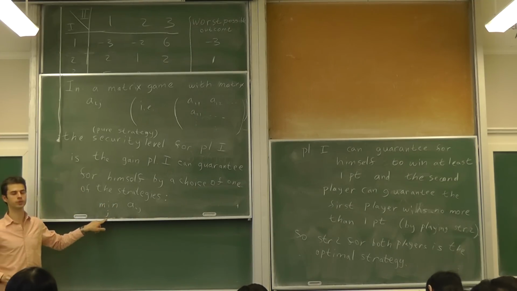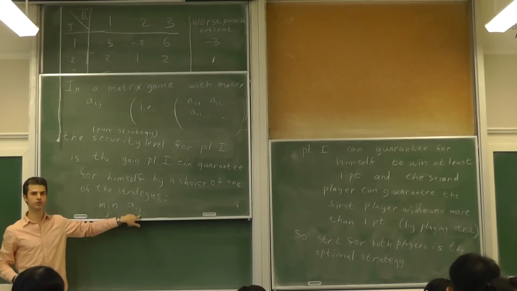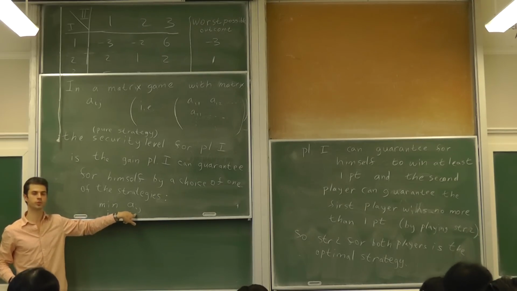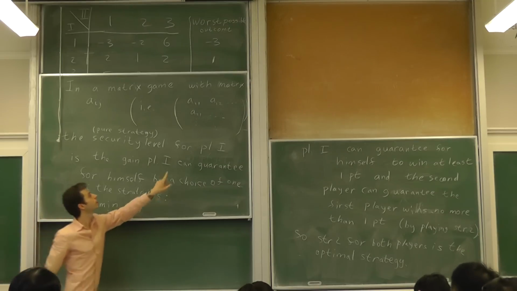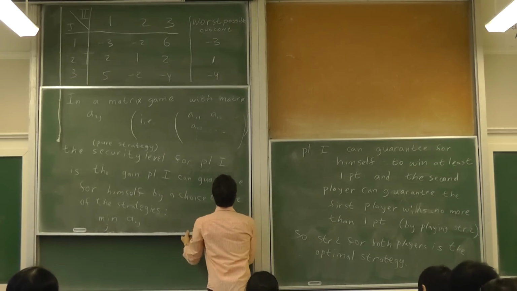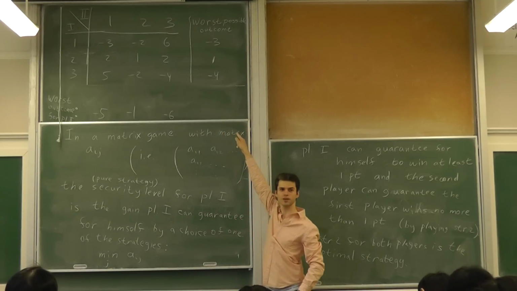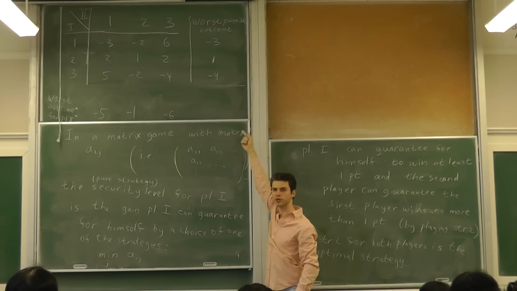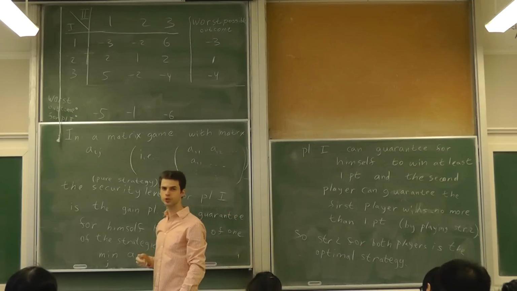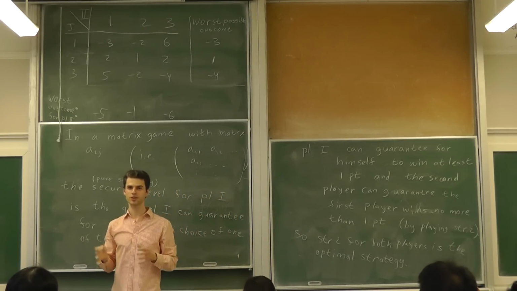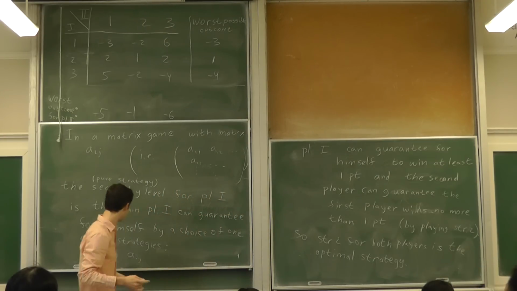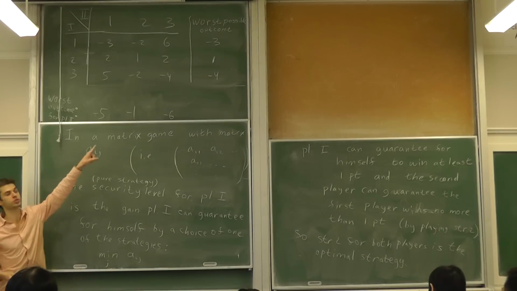We went over all possible indices j in the row. We chose the smallest possible number. This is the numbers in the right column. And now among all possible strategies, we choose the one that guarantees the largest gain. So among all these numbers, we choose the largest.